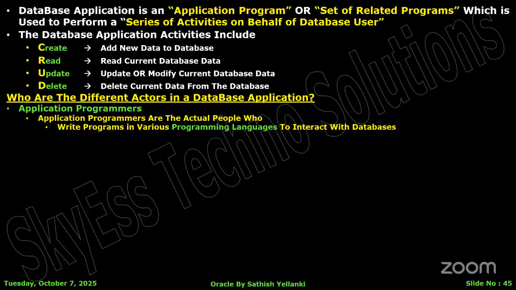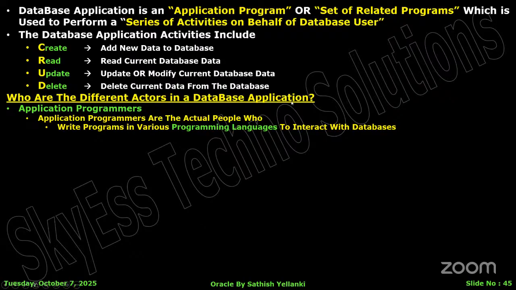From our classroom, we are definitely expected to be application programmers, but our programming language is what? Our language will be SQL and PL/SQL. Now, one of your friends can be an application programmer in databases, but he may be using Java. That is up to him.